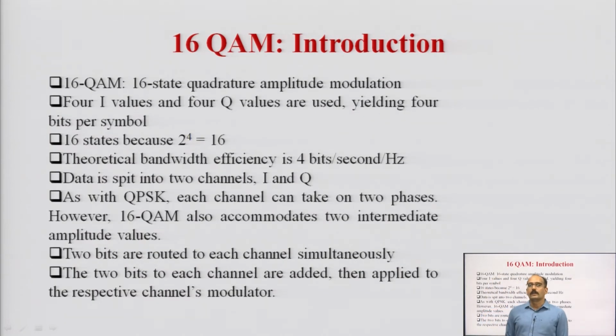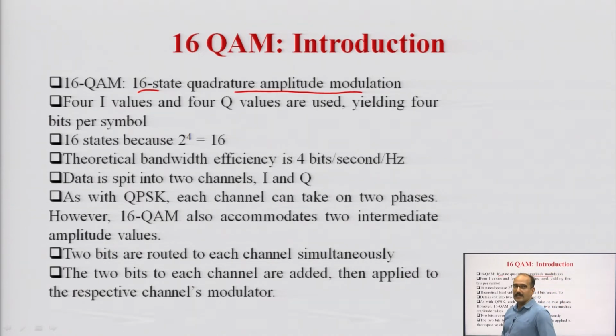Then the most important and most commonly used is 16 QAM for a modem, and the basic definitions and key characteristics are here. 16 QAM, 16 state quadrature amplitude modulation, means there are 16 states.